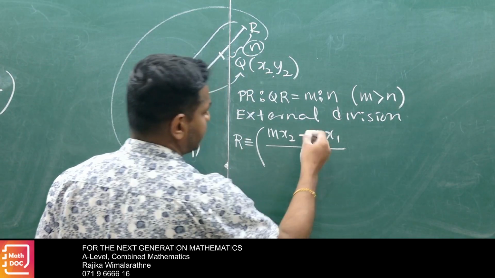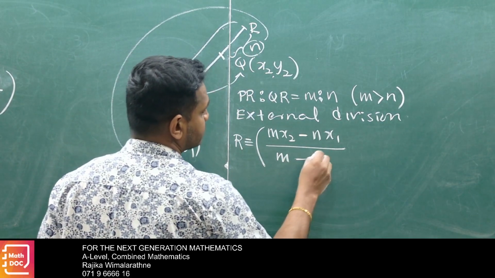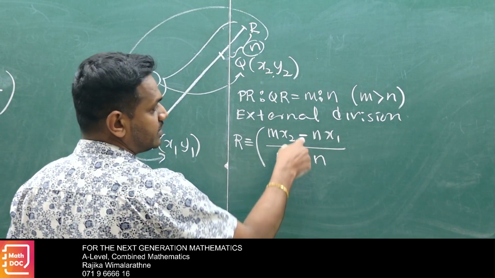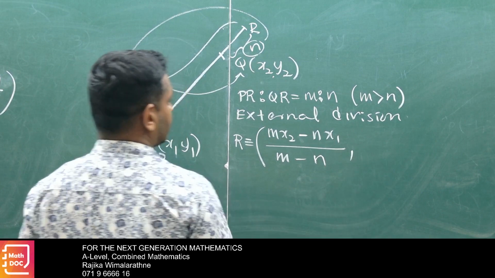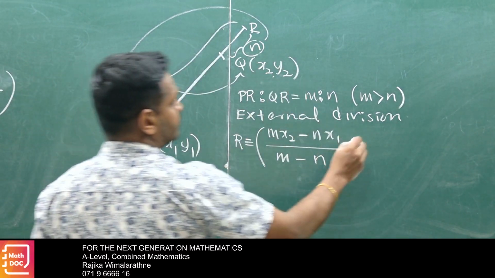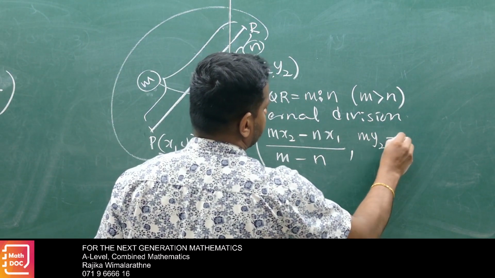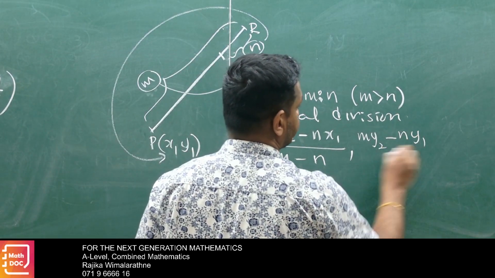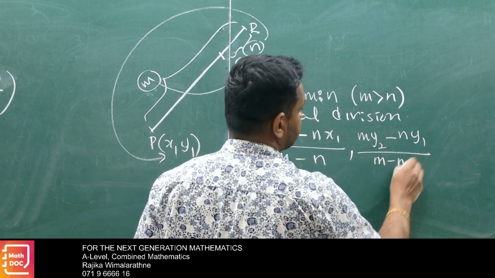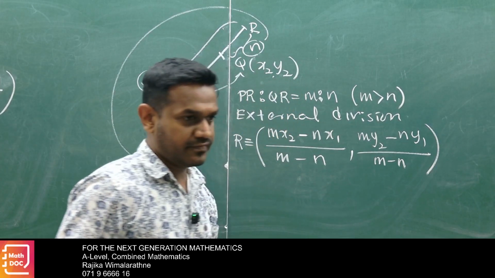Here put the difference over M minus N. Previously we put plus, no? Now here the difference. Then do the same thing: my2 minus ny1 over M minus N. That is our format, okay?